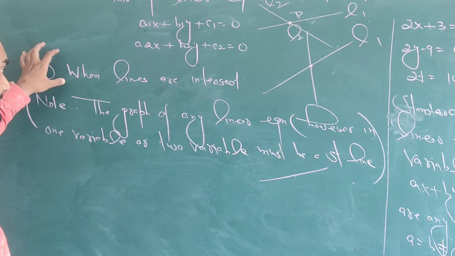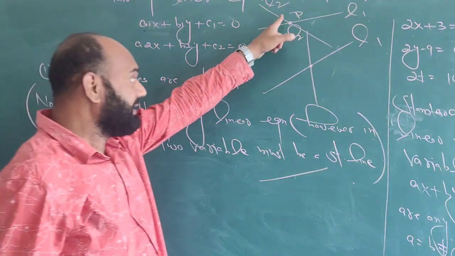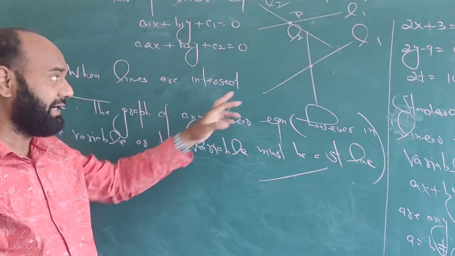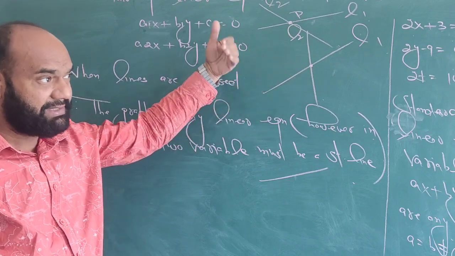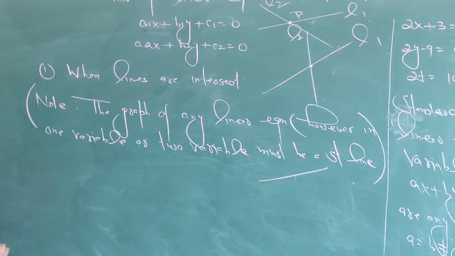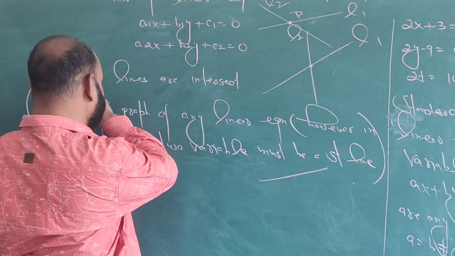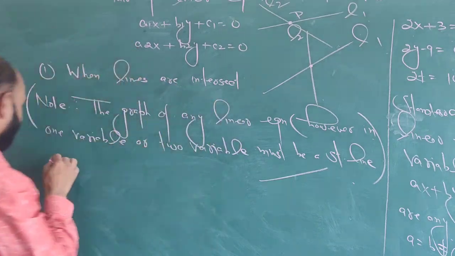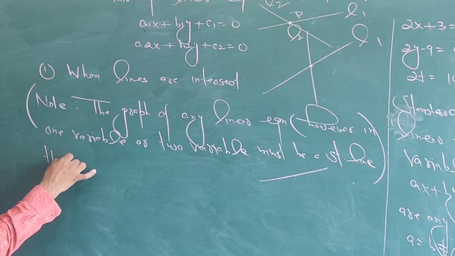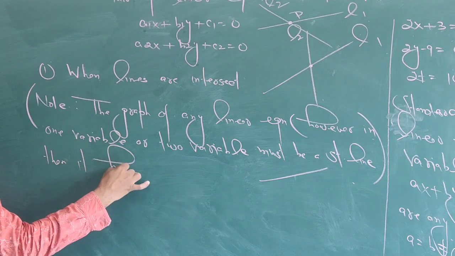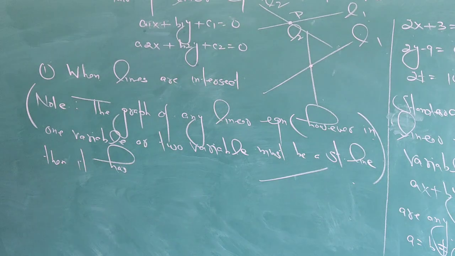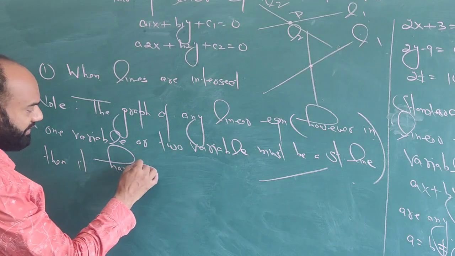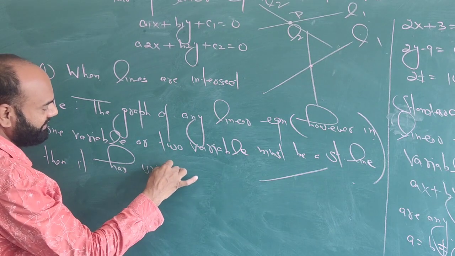So here is the condition: when the lines intersect, it has a unique solution, because when the lines intersect at one point, one means unique, so there is only a unique solution. So the first condition is that when lines intersect, it has a unique solution, or the system of given equations has a unique solution.